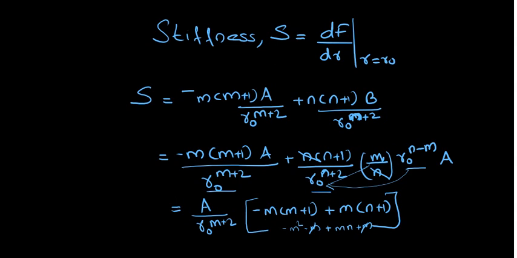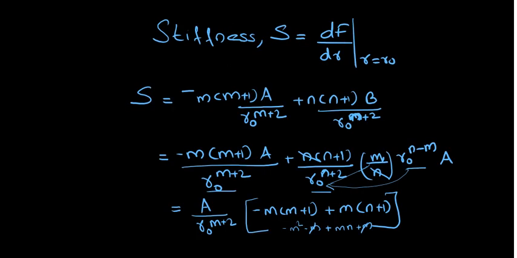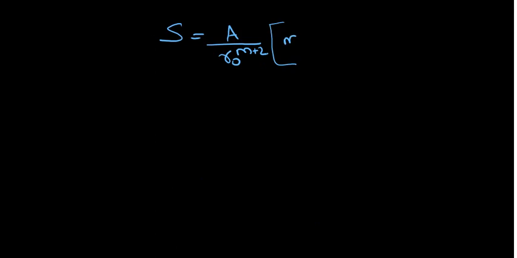So that is the term which you get. So the stiffness is equal to a by r0 power m plus 2 into m into n minus m.